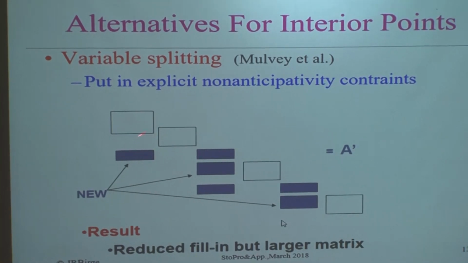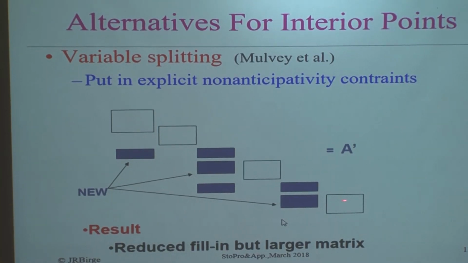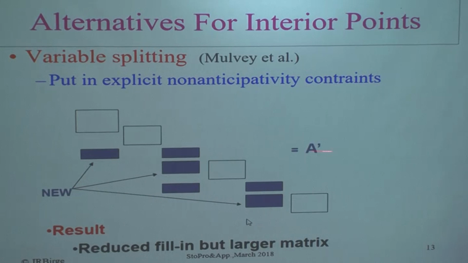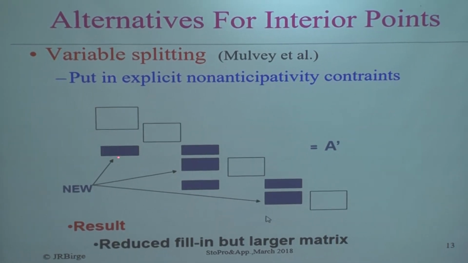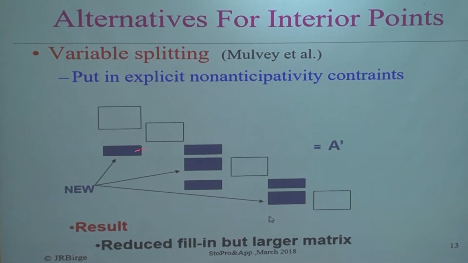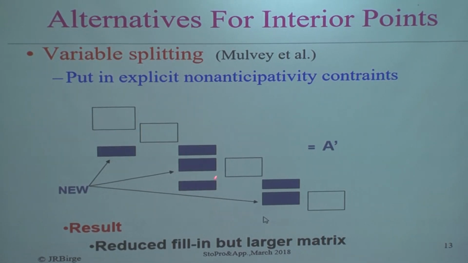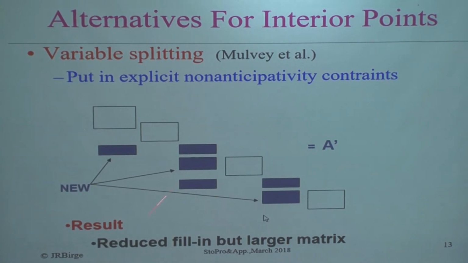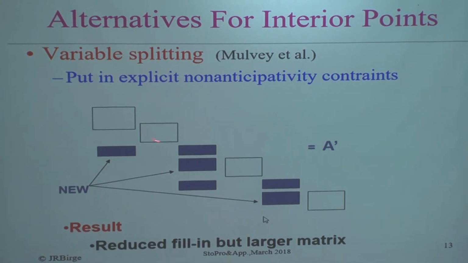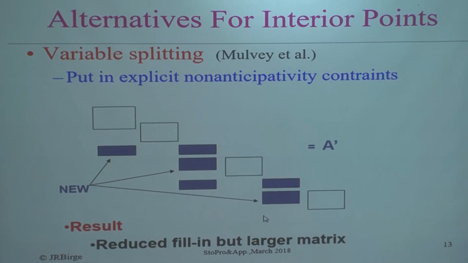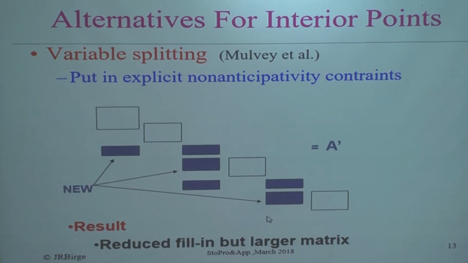So now when I add in these constraints, when I take this matrix times its transpose, I only get fill in sort of below here. I only get partial fill in. So this reduces the fill in, but makes the matrix a lot bigger, because now I have to satisfy these constraints at the same time, whereas before I automatically satisfied them because I just had one variable.